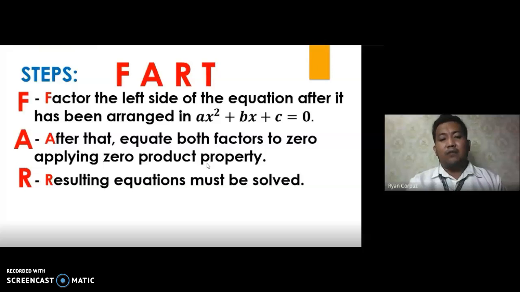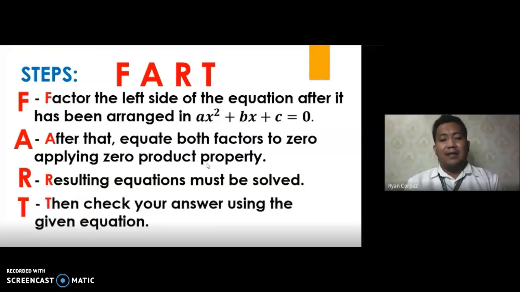So after that, we are going to solve it. Then from there, we can find out the solutions to a given quadratic equation. Then after finding out solutions, if you want to check if your answer is correct, you can apply the last step. The last step stands for then check your answer using the given equation.